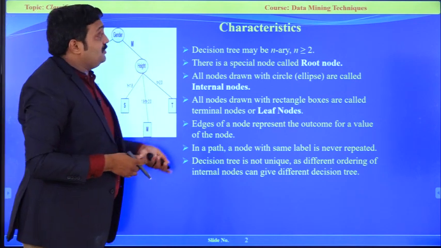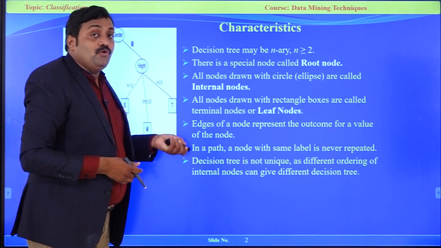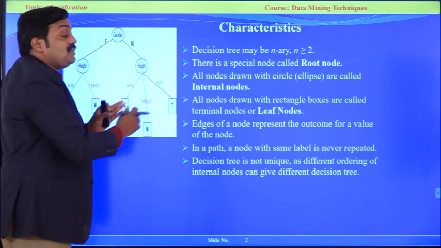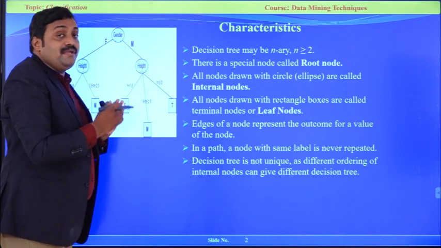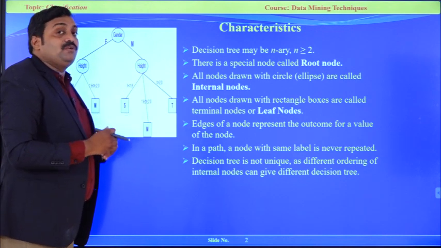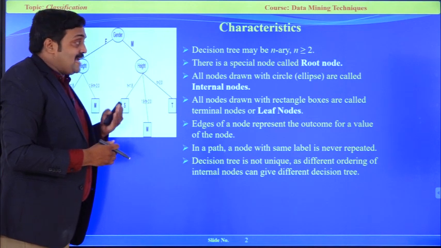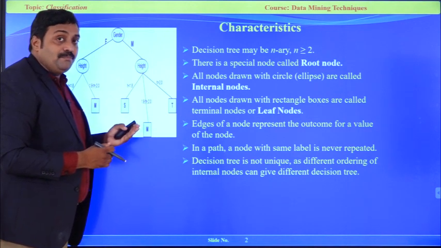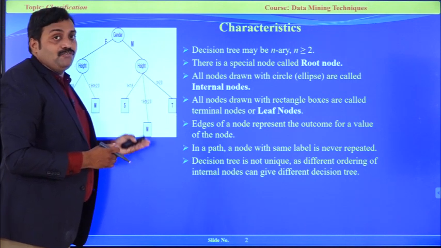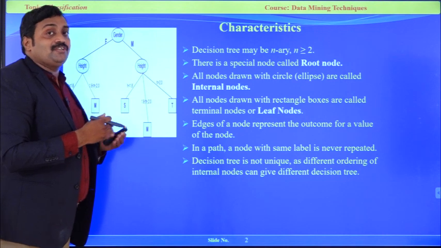Based on the choice of attribute or node, it changes the shape of the tree. So the major characteristics of a decision tree: it can have more than 2 nodes, there is a root node as the starting point, internal nodes and leaf nodes, and we can have n different decision trees.